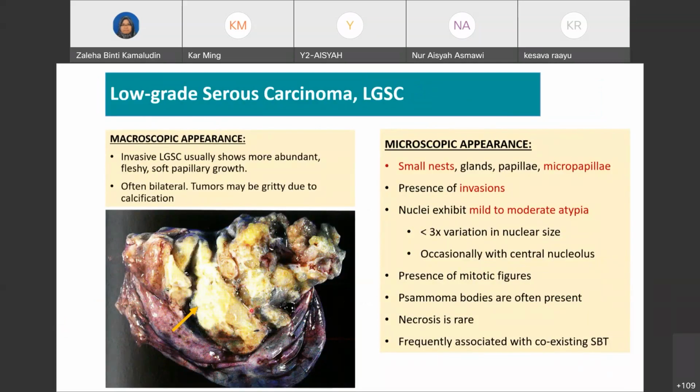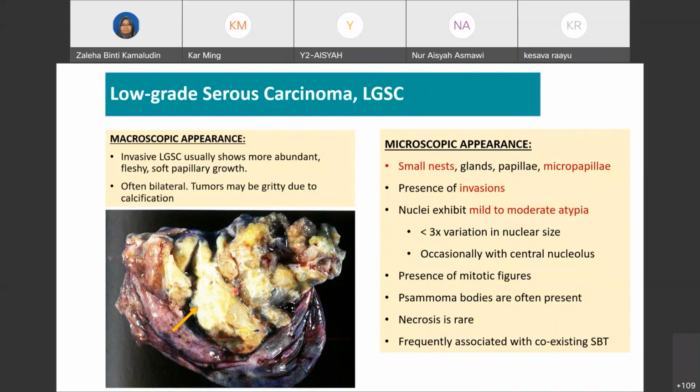The yellow or slightly whitish area here is the tumor. You can see it forming a papillary architecture, a small papillated surface, and in areas some evidence of hemorrhage here and there.